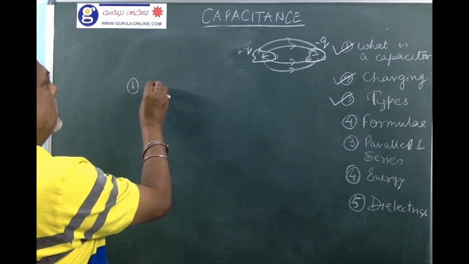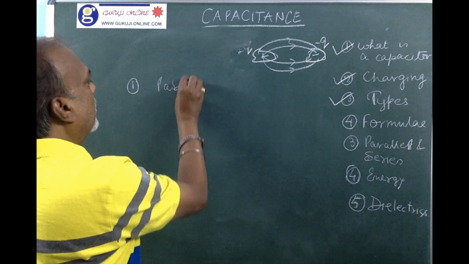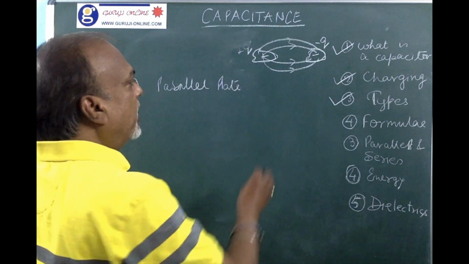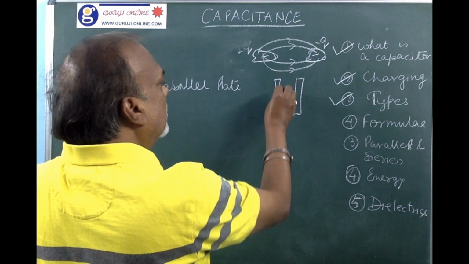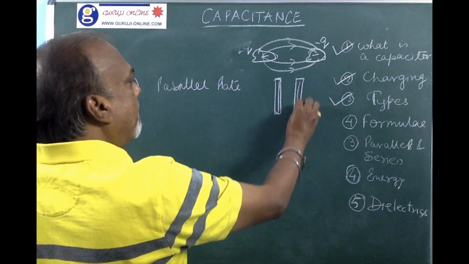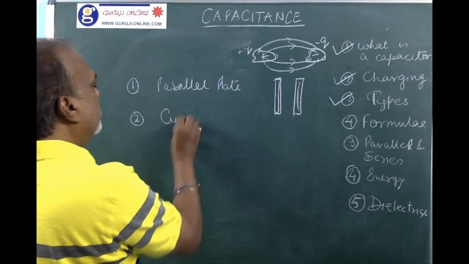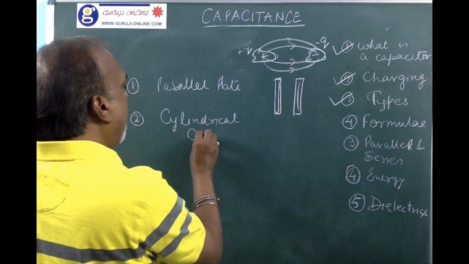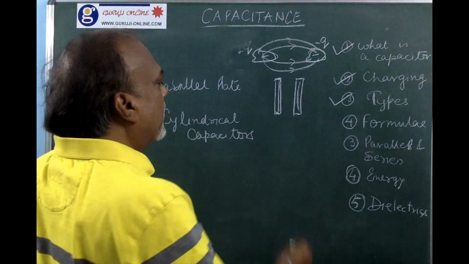But generally we use parallel plate capacitors. I told you this is nothing but two metal plates. Then cylindrical, like this.